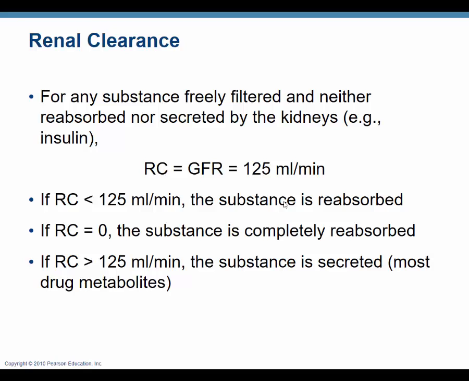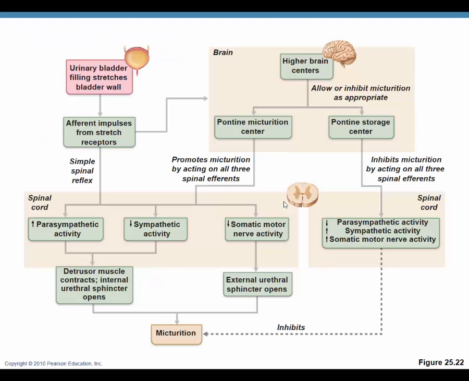So if it's less than the filtration rate, if it's equal to 0, then we know the substance is totally reabsorbed, so it's not going to be in the nephron. And then if it's greater than 125 mL per minute, the excess will be secreted. And that's like drugs that we take that are broken down. Obviously, we don't want those to remain in the plasma.